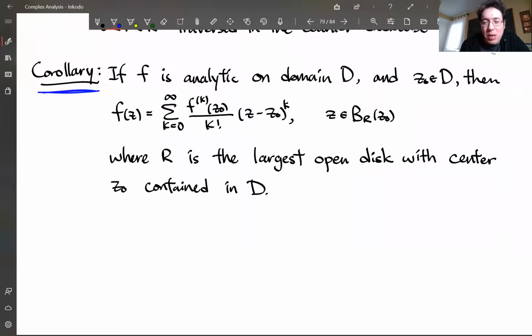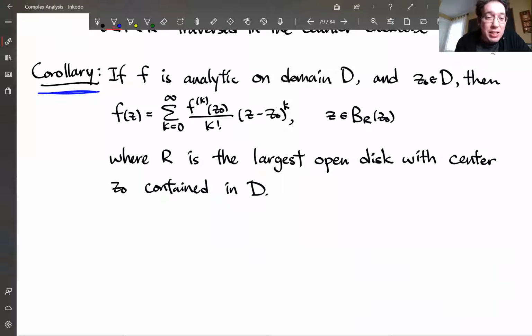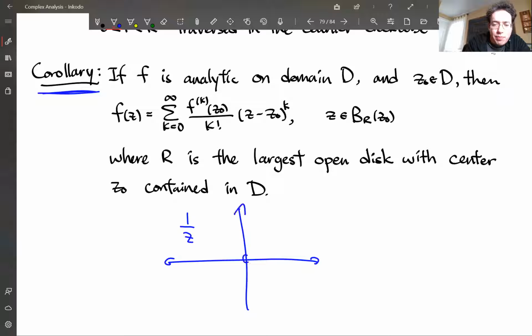Okay, so what does this mean? You could actually kind of use this to your advantage. For example, let's say we were looking at a function like 1 over z. So it's not defined at the origin. And then we just pick some z naught.